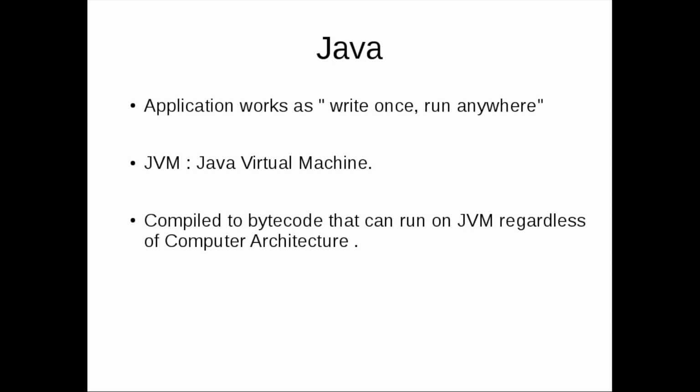And this bytecode is only understood by the JVM. So that bytecode runs on the JVM regardless of the computer architecture. So write once, compile once and run anywhere. So we can say bytecode is important because of which platform independence can be achieved for the Java language.